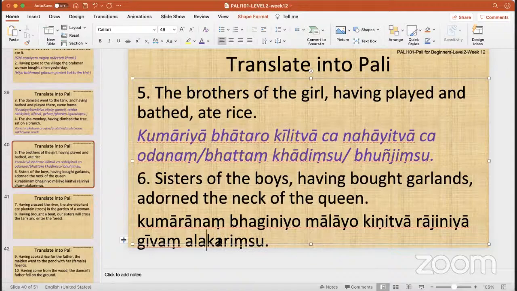I think I don't have that letter. N on the top. Do you have it? Okay. Maybe I need to this one. I miss it out. Can you type the whole thing together so I can easily put them? Alankarinsu, with the dot on the top.